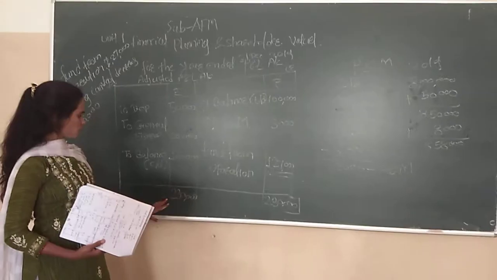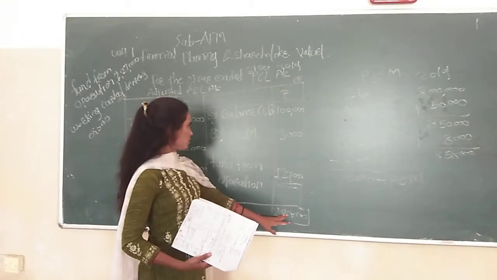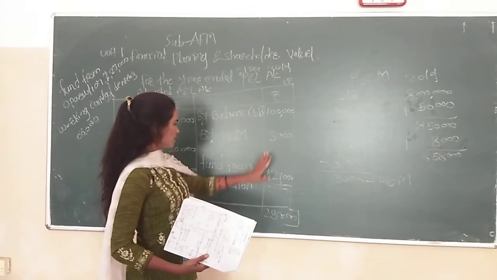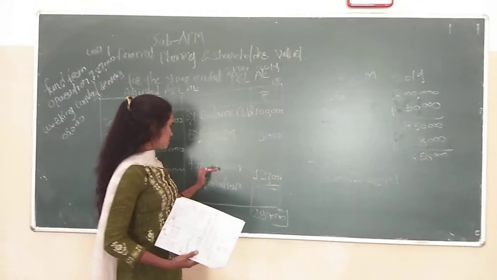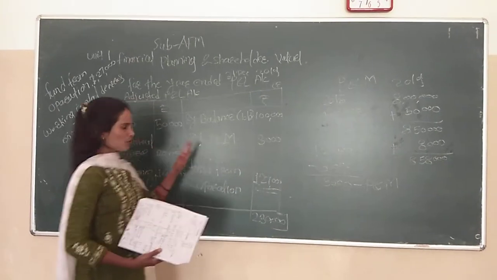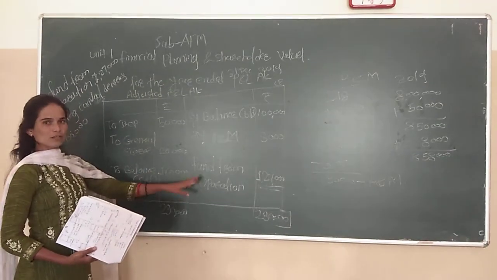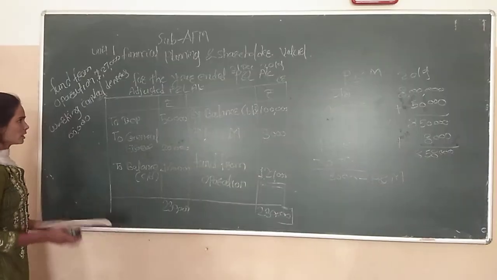Total is equal to total 2,30,000, and same here 2,30,000 minus 1,03,000 is equal to 1,27,000. This is the fund from operation. This fund from operation is carried to the fund flow statement. Okay. Next statement.